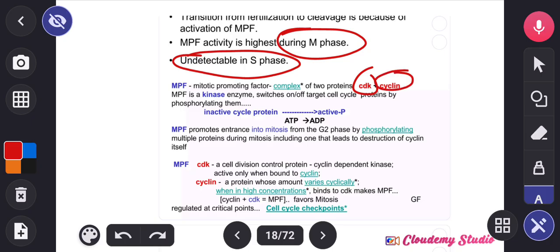These two proteins make up the mitotic promoting factor. That is what promotes the rapid division of cells. It promotes entrance into mitosis.